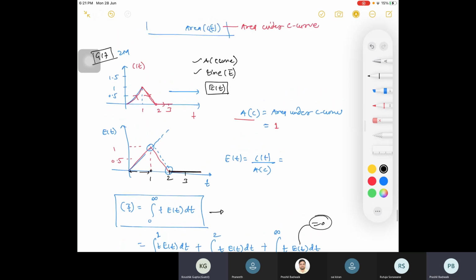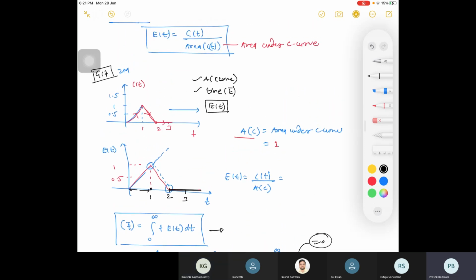One simplest structured method is you just take the average over the x-axis where there is area. What is the average over the x-axis in terms of time here? 0 plus 1 plus 2 divided by 3. That is 1, right?